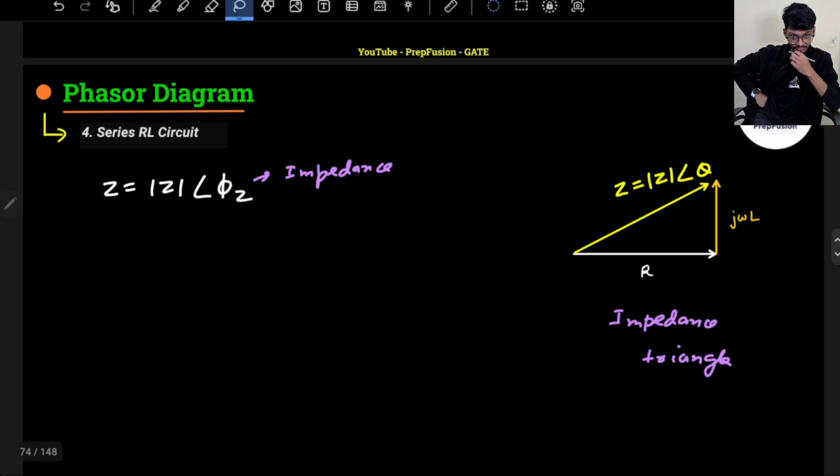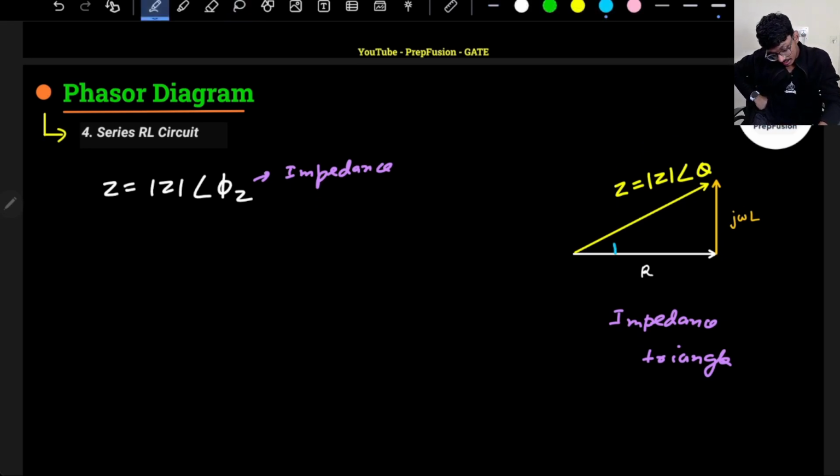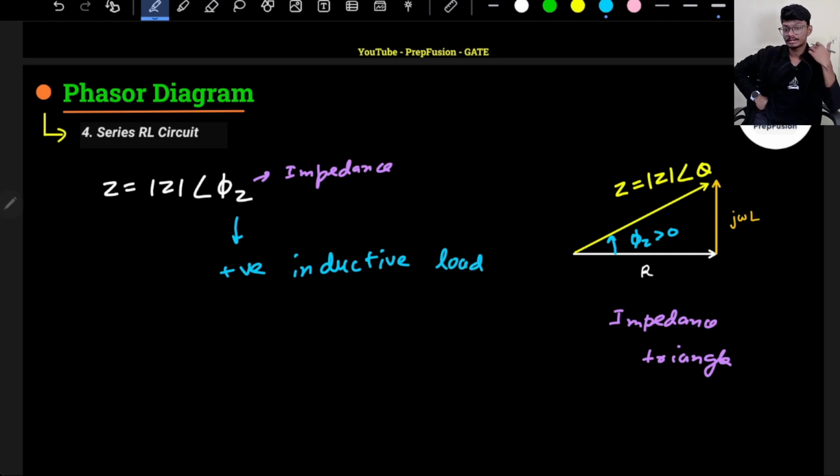If you never heard of it, now you know. The interesting fact is, for an inductive load, phi Z will always be greater than 0. So phi Z will always be positive for an inductive load. If the overall resultant is an inductive load, then no matter what, the impedance angle will always be positive.